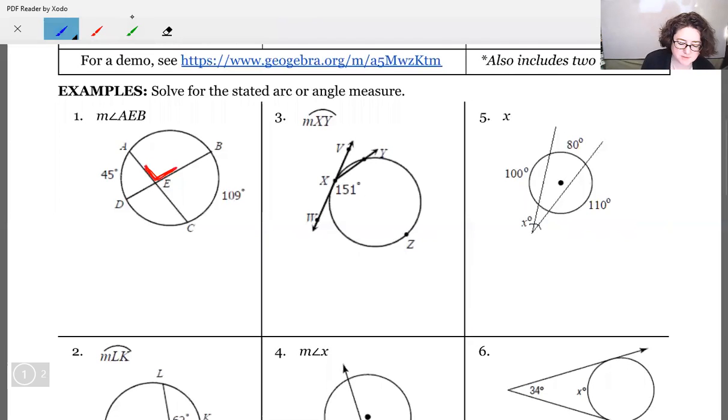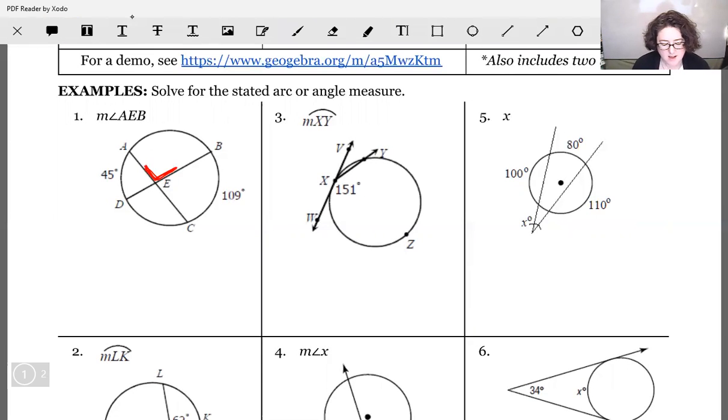So let me change over to blue. So I know 45-degree arc and 109 arc. So that means if I kind of look at the straight line in between those two, I can only figure out one of these middle angles here, like the blue angle. And so I'm going to go ahead and find that first. So we're going to call that X for the moment.